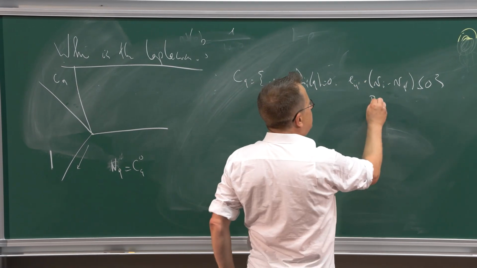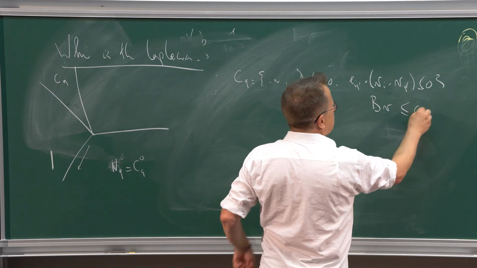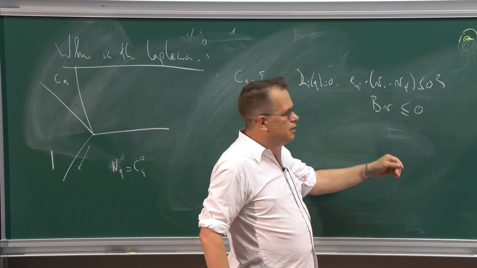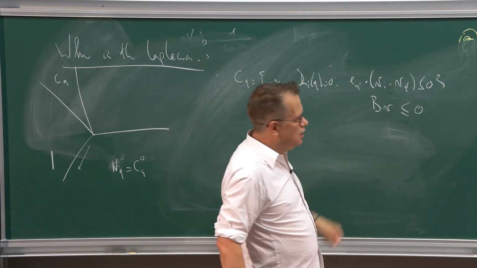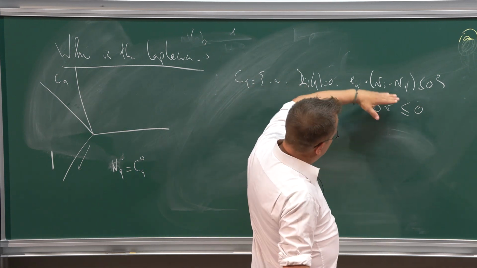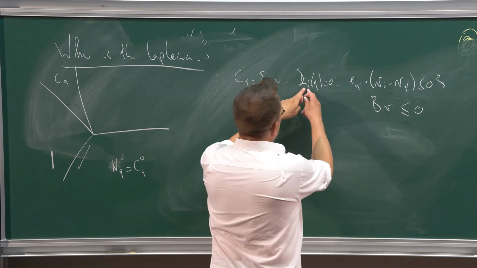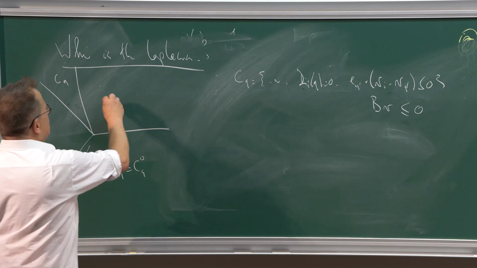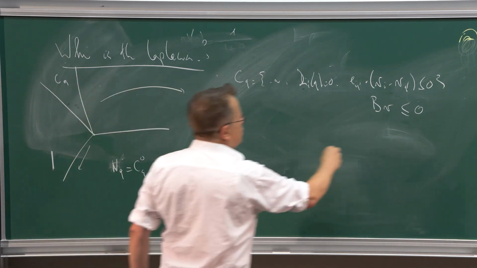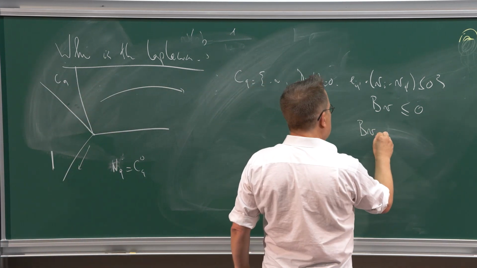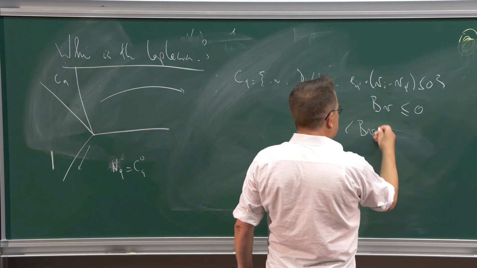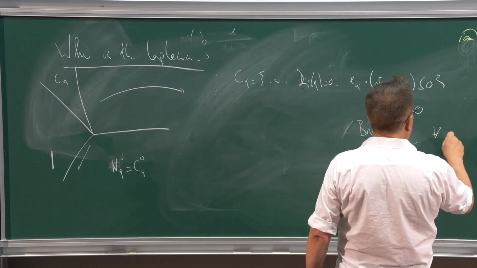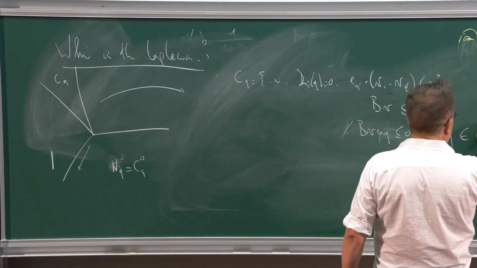It can be written Bv less than 0, where less than 0 is element-wise, meaning for each element of these vectors. The number of constraints corresponds to the number of couples of particles that are in contact.